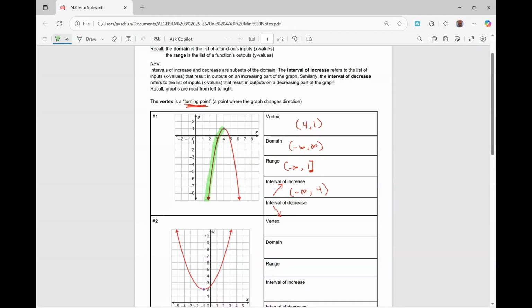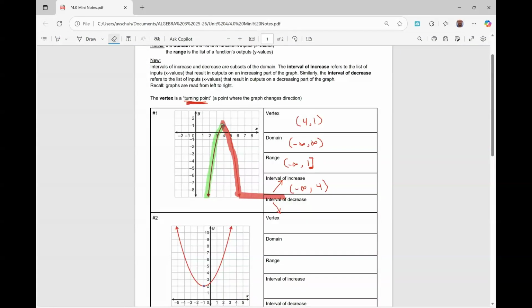So we'll see if this cooperates with us on this one. I think we get the idea here, though. So our interval of decrease, there we go, will be going down in that direction there.